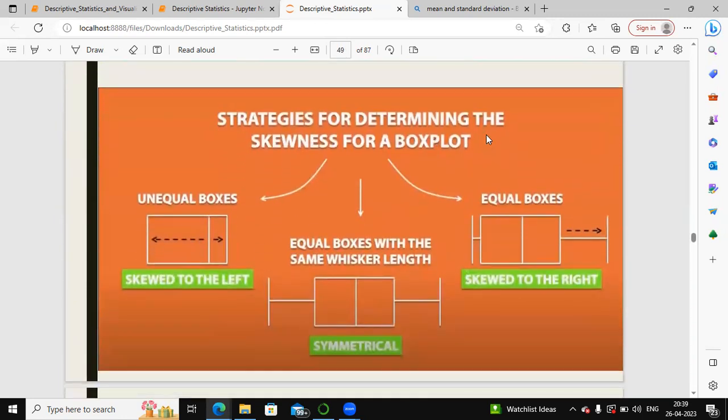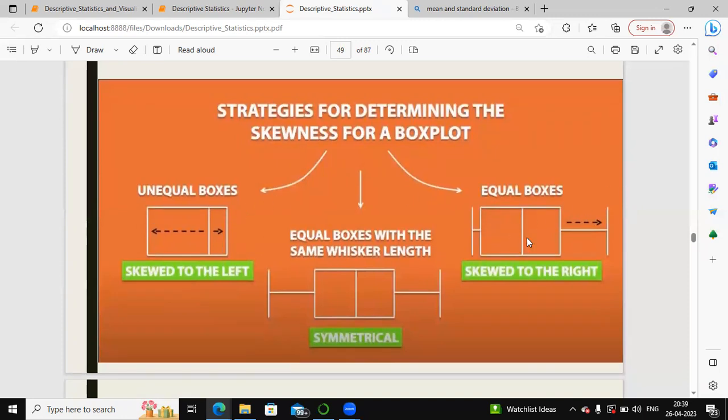So, strategies for determining the skewness from a box plot. For equal boxes with the same whisker length, you will have symmetrical, and for unequal boxes, it is skewed to the right, and for unequal boxes the other way, it is skewed to the left.